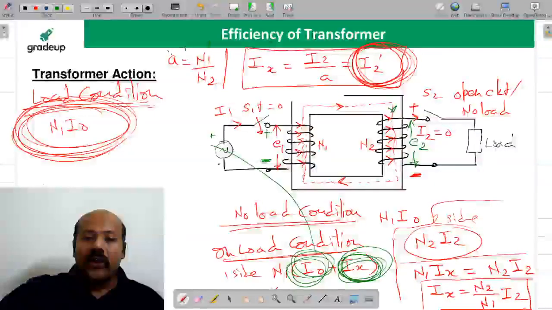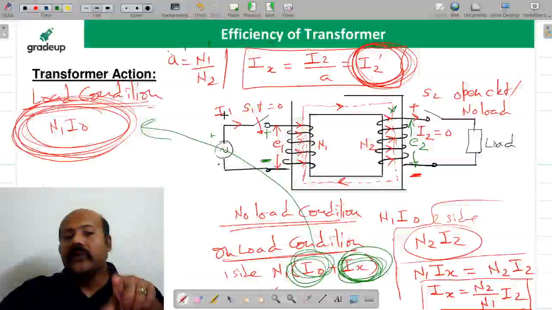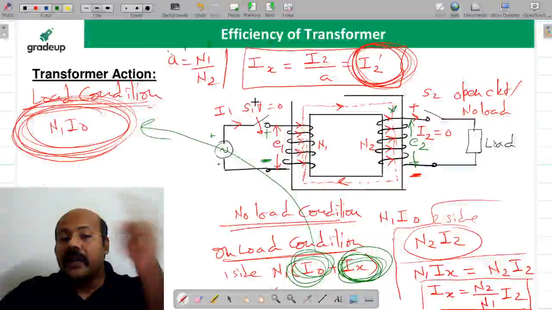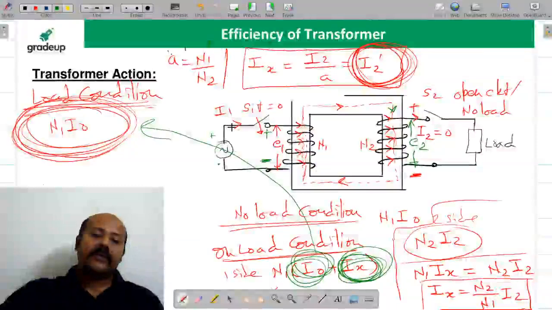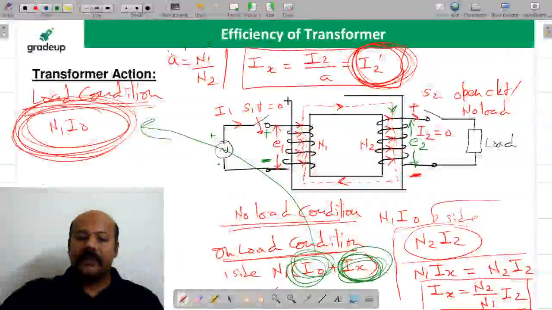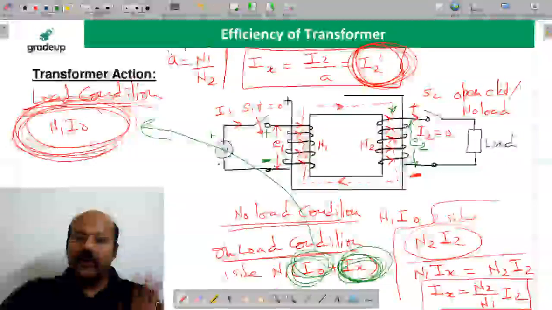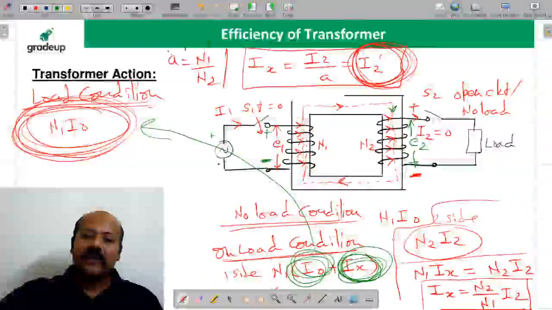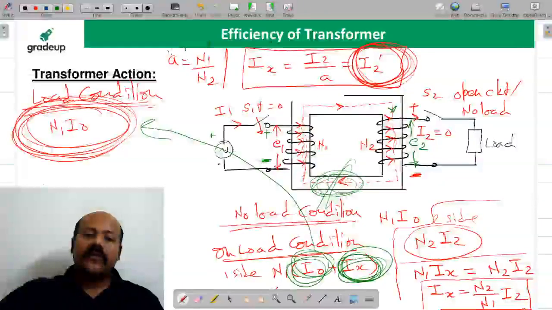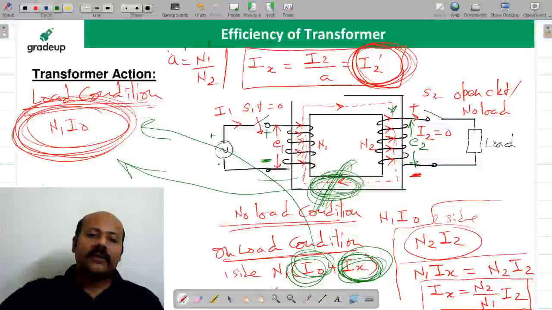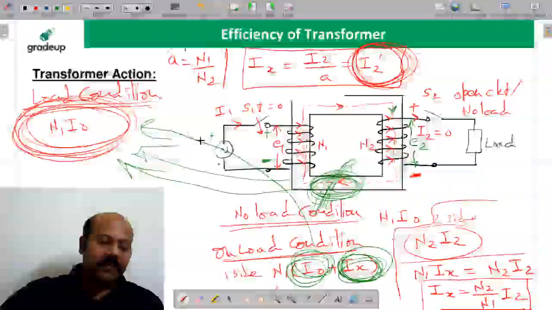And this no load current is going to give you the MMF or the flux even at the load condition. I hope you are comfortable with this. This flux is going to be decided because of this MMF.